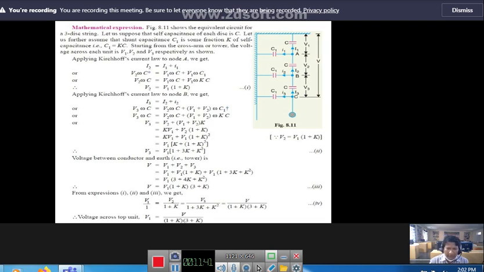From these equations we can get every value. Now first of all find V1 individually. V1 is equal to V by 1 plus K into 3 plus K. This is the topmost unit voltage.